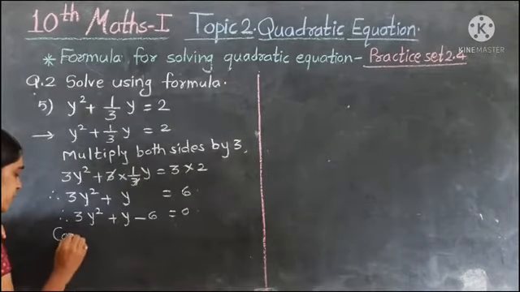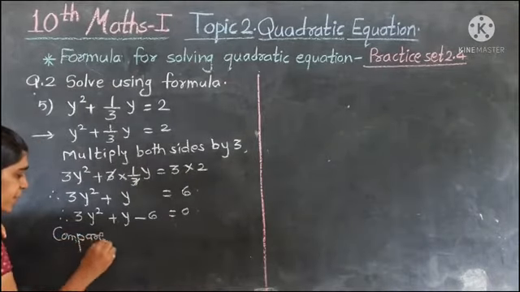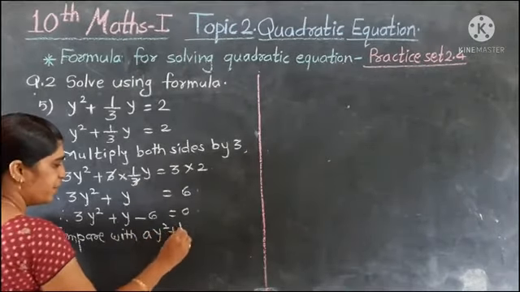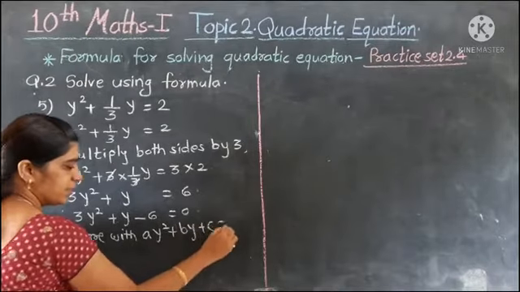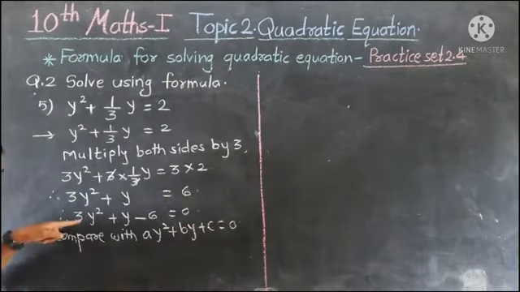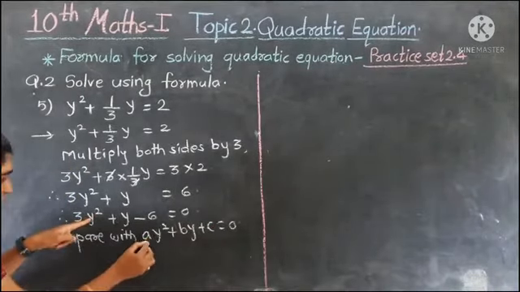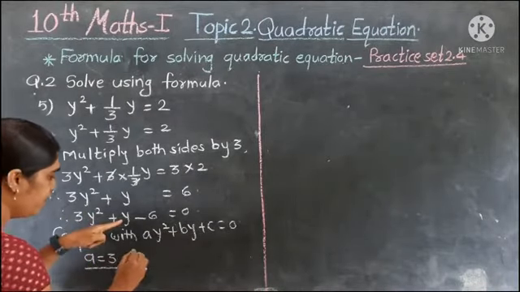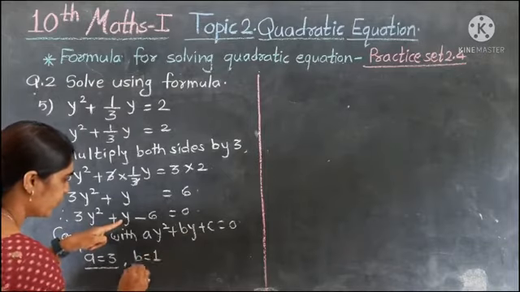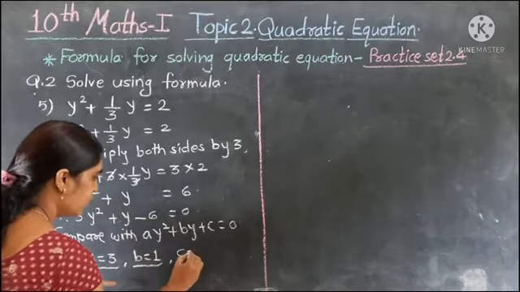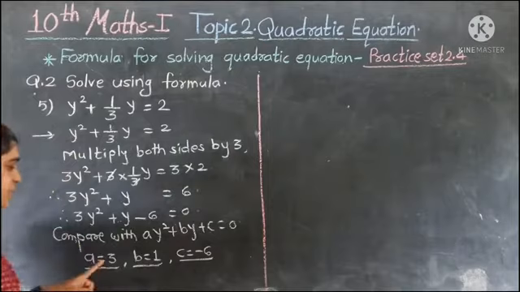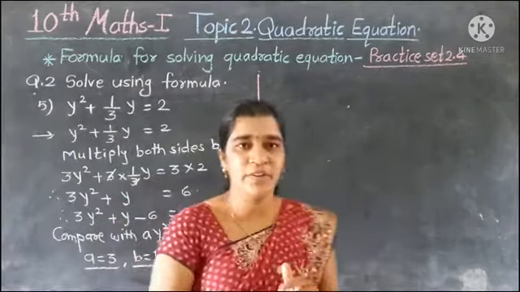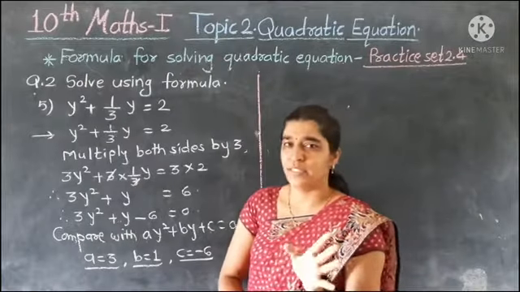Now compare this with ay square plus by plus c is equal to 0. What we get? See, y square as it is, we get a is equal to 3, then b is equal to 1 and c is equal to minus 6. We get the values of a, b, c. First, from the given equation you write the values of a, b, c.